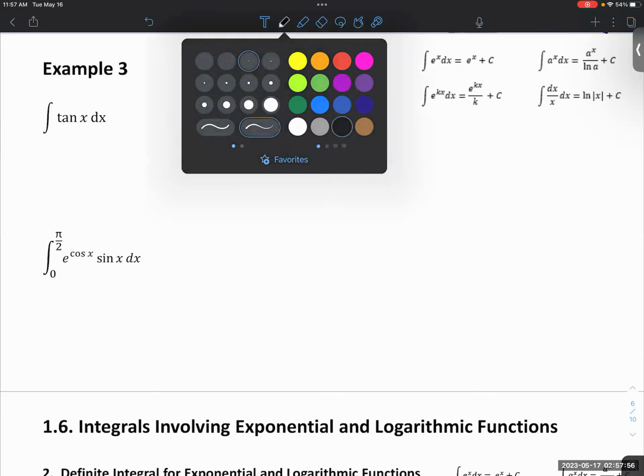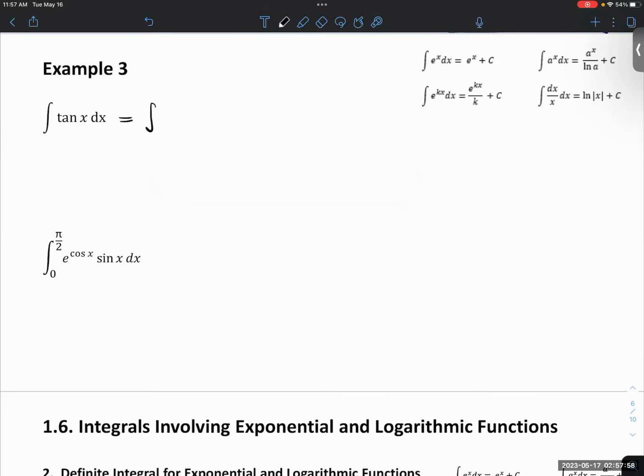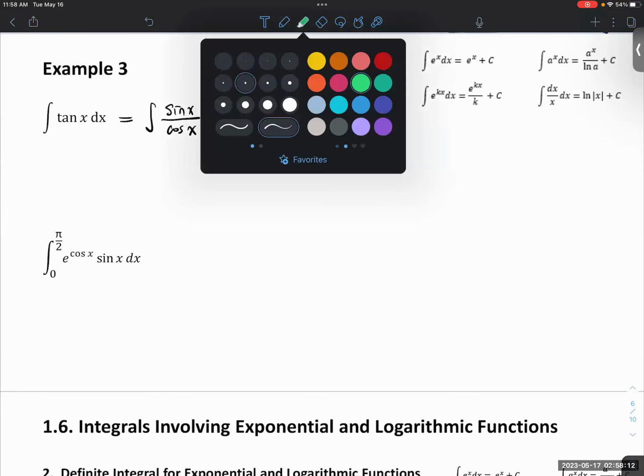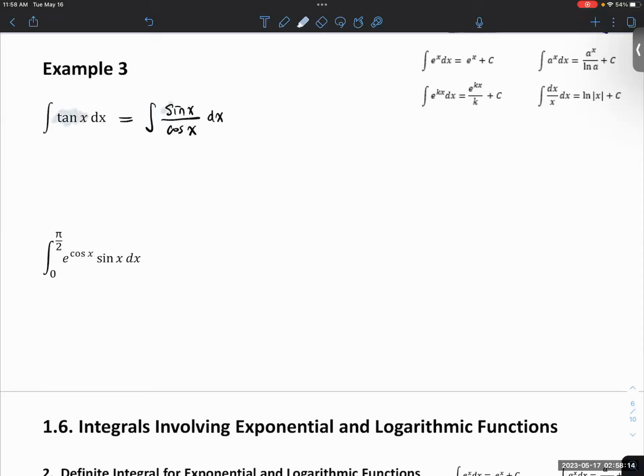If you remember from geometry or trigonometry, tangent x is the same as sine x over cosine x. That's one of the identities. I'm going to highlight them. Tangent x is the same as sine x over cosine x.